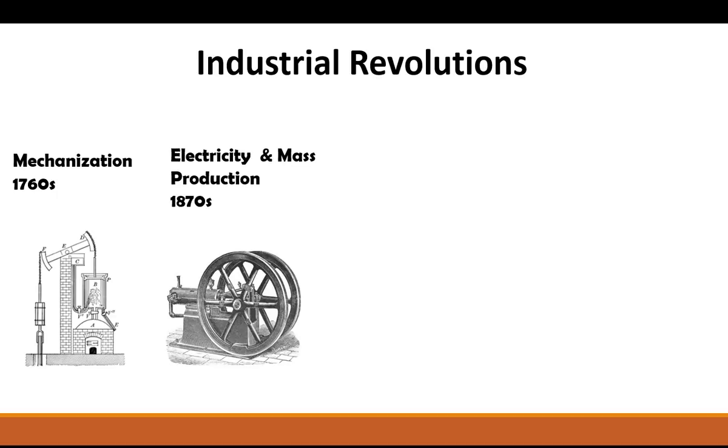Then there was the second industrial revolution, probably the one that most people think of when they hear the term industrial revolution. Something of a combination between these two, but definitely a lot of the advances that took place in this second industrial revolution were the ones that really strike people the most. This was when electricity was being harnessed. This is when the concept of mass production was being put into place, as well as ideas such as material sciences being developed.